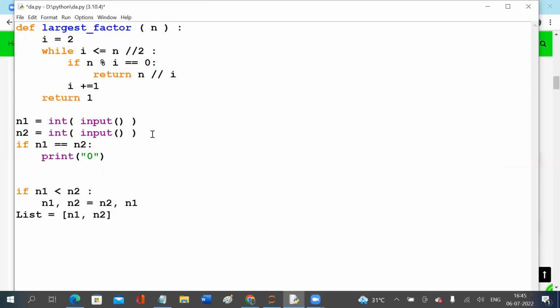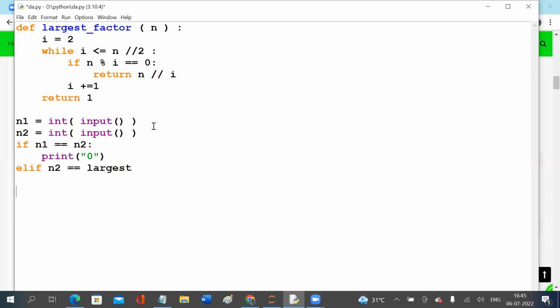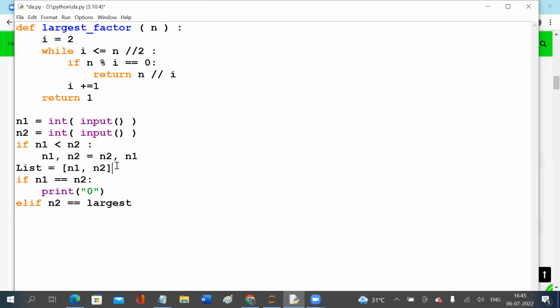Else if n2 is largest... let us do the swapping job first.